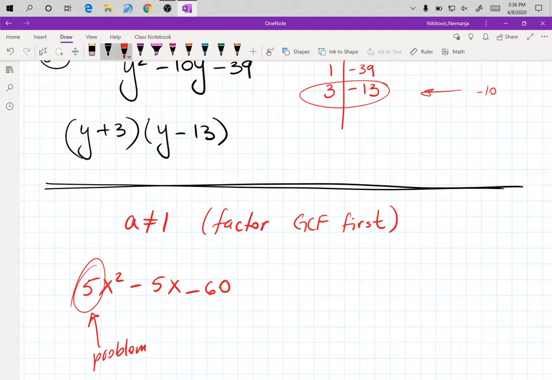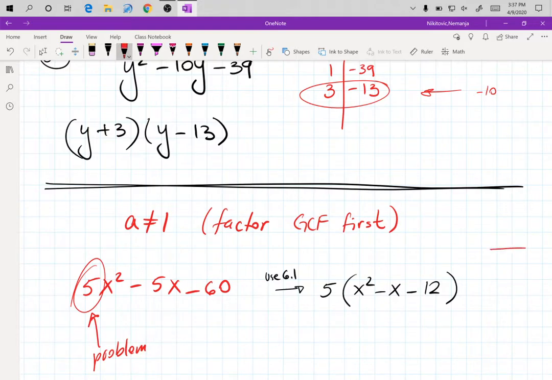So now I can factor out 5 from everywhere and get x squared minus x minus 12. So use 6.1 to factor out this term. Now I know what I need to do.